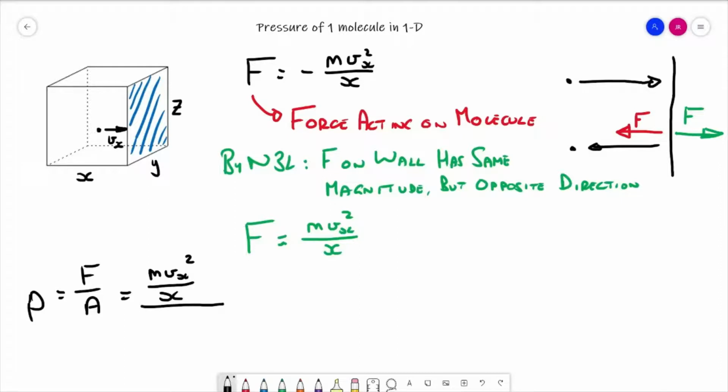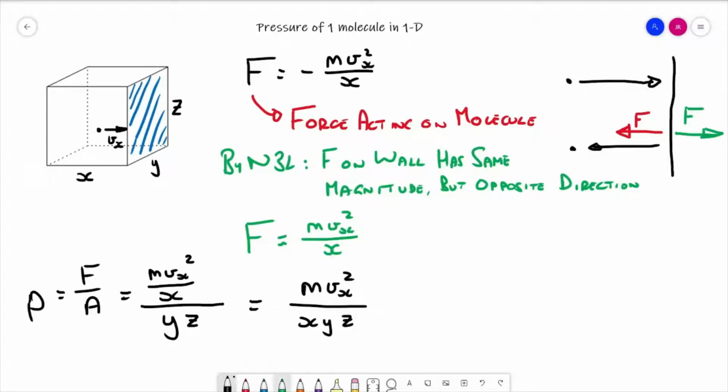Going back to the diagram in the top left, you can see that the area is y times z. So the area is yz. Tidying all that up, we end up with m vx squared over xyz.